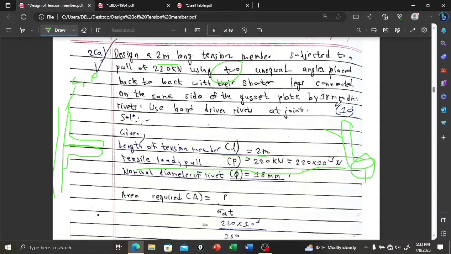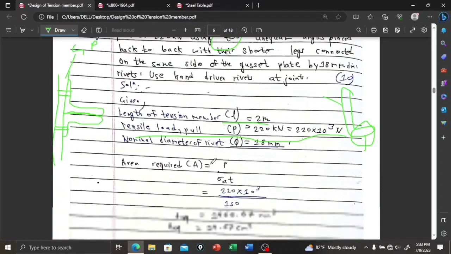So this is 18 mm diameter rivet. Use hand driven rivet as joint. So area required is force divided by sigma at, which is 150 for axial tension.